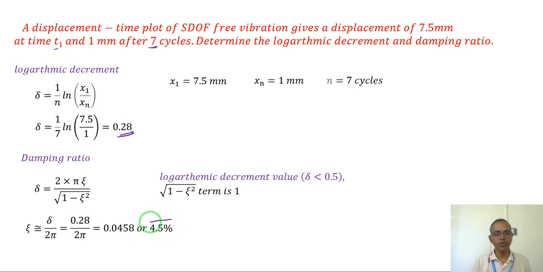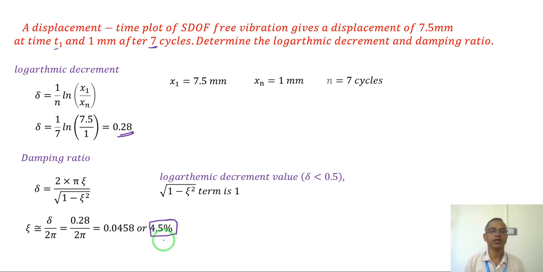Whenever we write the damping ratio, we write 0.0458, but while telling, we can say 4.5%.